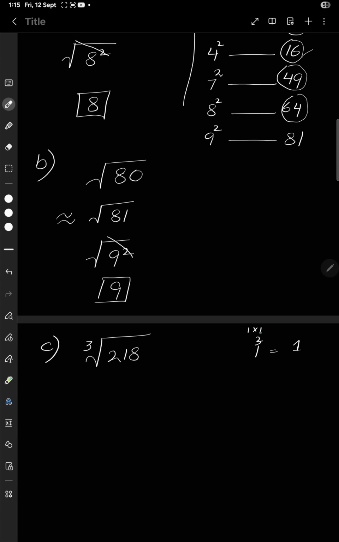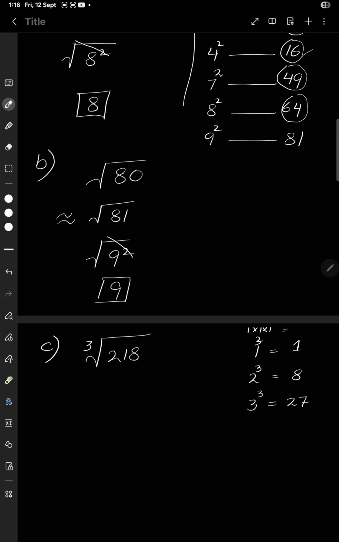If we multiply 1 three times, the answer will be 1. And 2 cube, if I multiply 2 three times, my answer will be 8. If I take 3 cube, my answer will be 27. As I mentioned in my previous videos, it is very helpful if you memorize the cube numbers from 1 till 15.